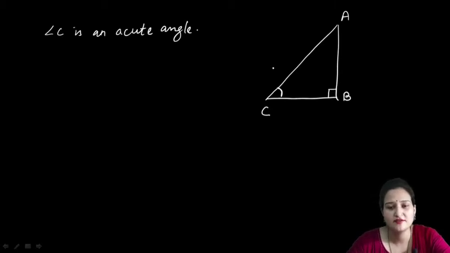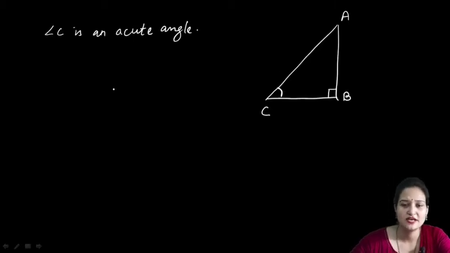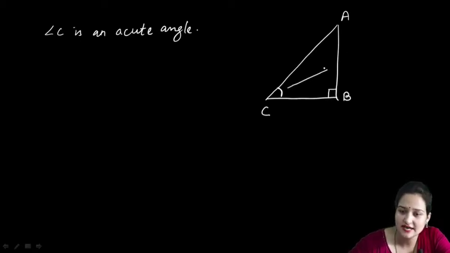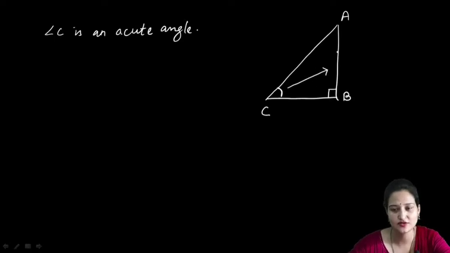Now we have to identify all 3 sides with respect to this angle C. Now if we take this side AB, AB is what? It is opposite to angle C. We can write this as opposite side of angle C, right?